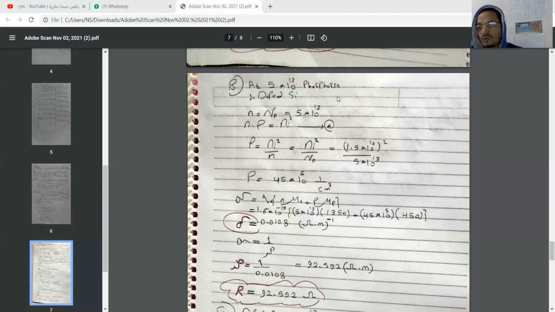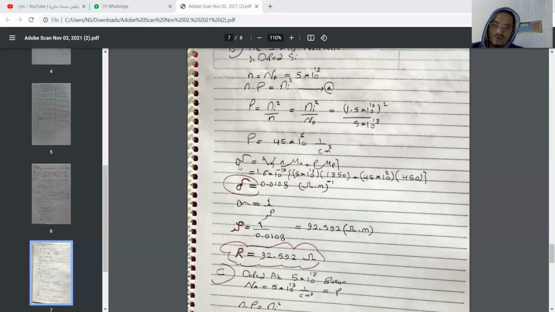Phosphorus belongs to group 5. That means here this concentration equals ND, and ND equals n. By using the mass action law, n dot p equals the intrinsic carrier concentration squared. That means the minority concentration equals 45 exponential 5 per cubic centimeter.